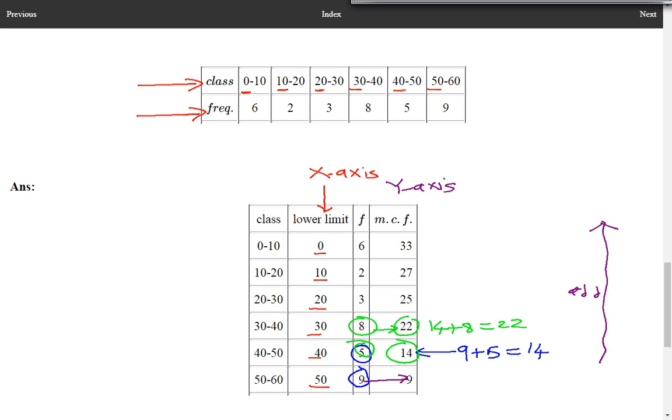How is 25 obtained? 25 is obtained as 22 plus 3 equals 25, and so on. In this way, all the MCF values, which are on the y-axis, are obtained.